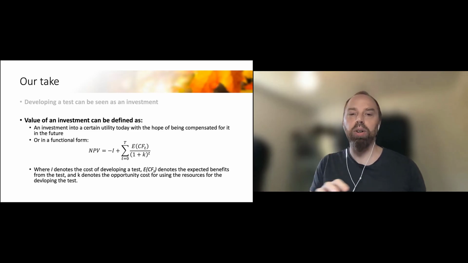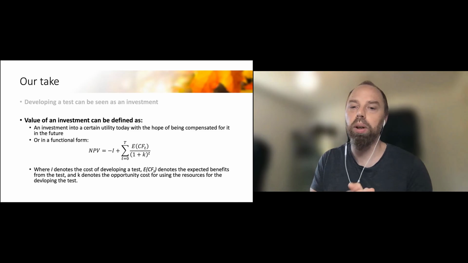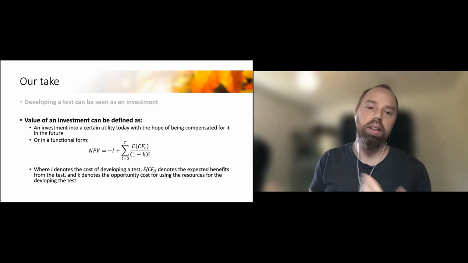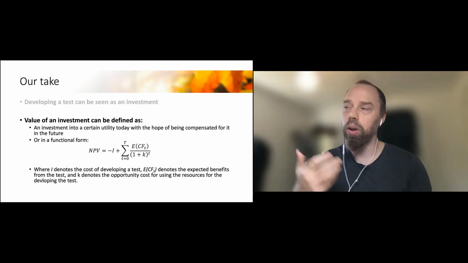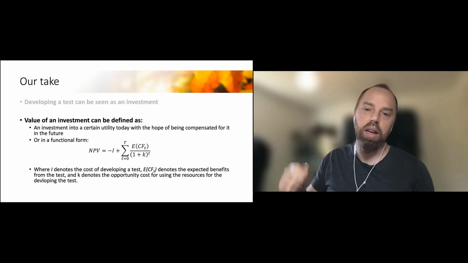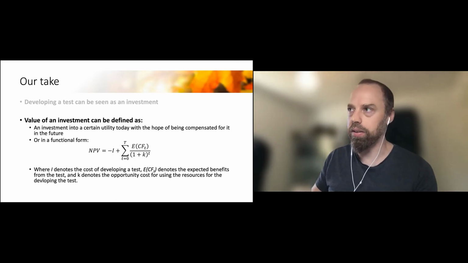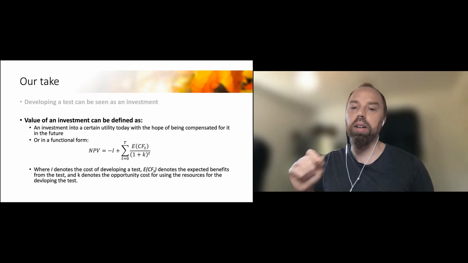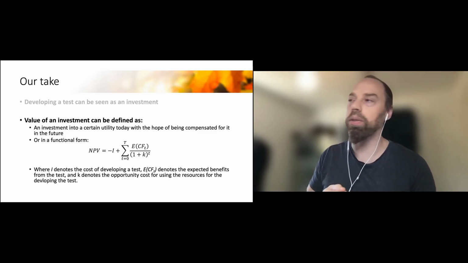And in a functional form, it can be expressed mathematically in this formula, where I is the cost of developing the test or adopting the tool or developing the test suite, whilst ECF is the expected benefits from the tests. And finally, K denotes the opportunity costs of using the resources for developing the test.